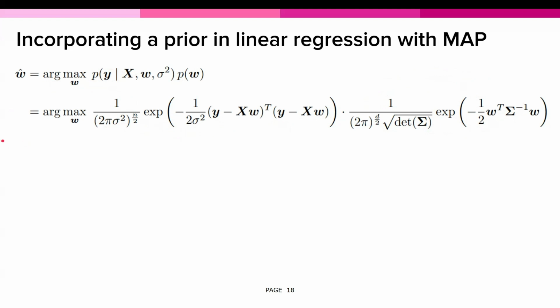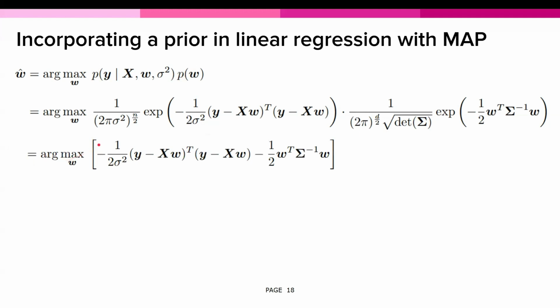All right. To make things simpler, we take the logarithm of this whole expression, and that's going to turn the product into a sum. Taking the log doesn't affect where the maximum occurs, so we haven't changed the objective.